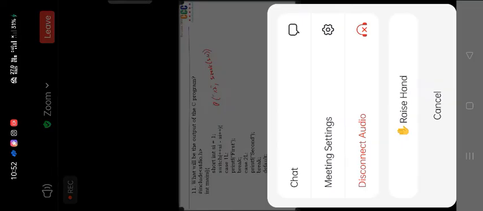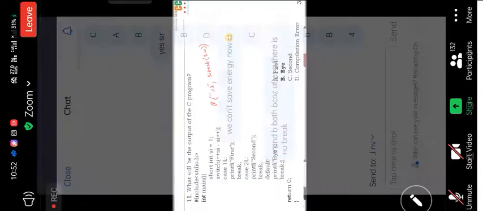So I'm printing %d size of 3.14. I'm expecting an answer from this. For this, Sai Harsha is saying it is 4.